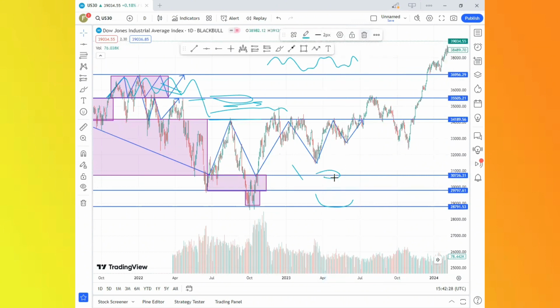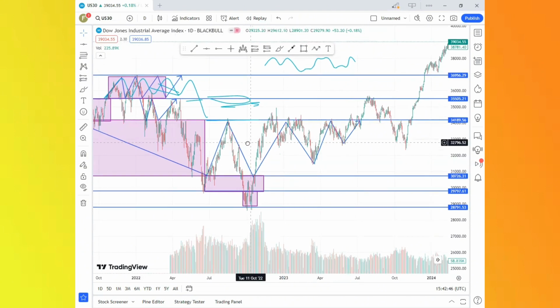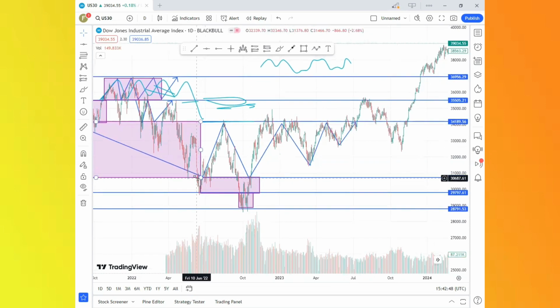Okay, so seeing that we have this setup here, since we have this level as a respected level and this level as a respected level, our entry point was going to be at this point here.